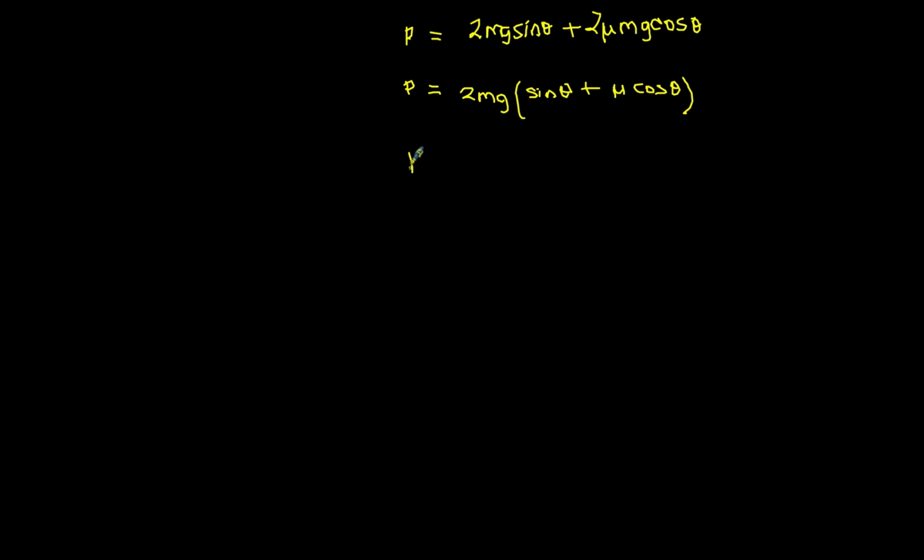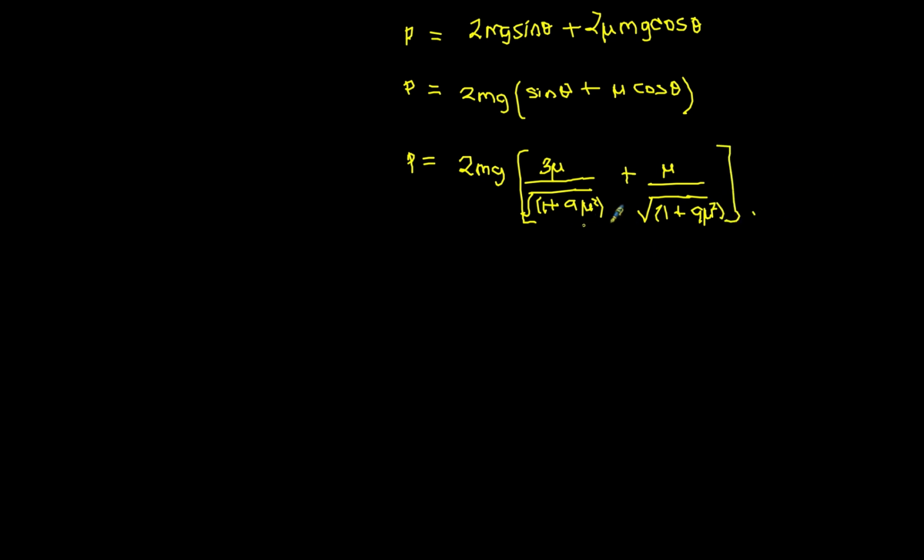So we shall have P equals 2 mg into bracket, sine theta given by 3 mu over root of 1 plus 9 mu square, and then plus mu times 1, which is mu, also over root of 1 plus 9 mu square. We close this bracket and we have a common denominator.